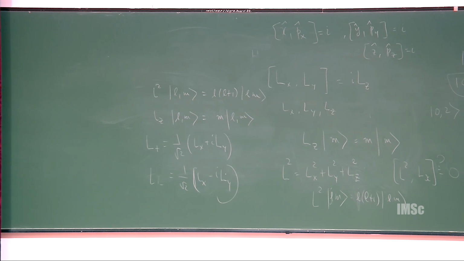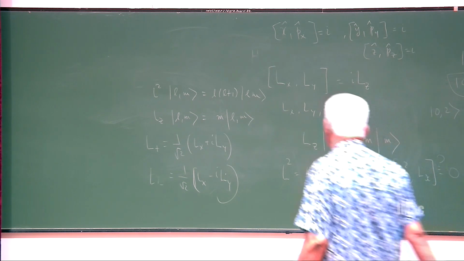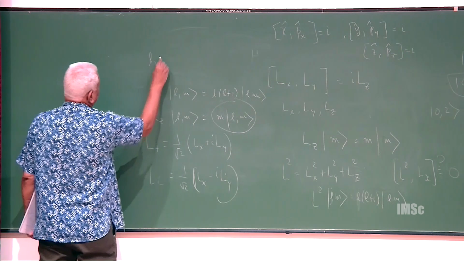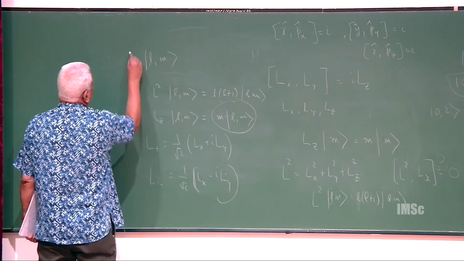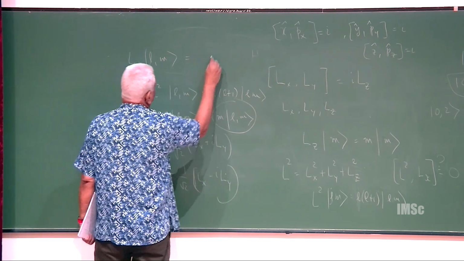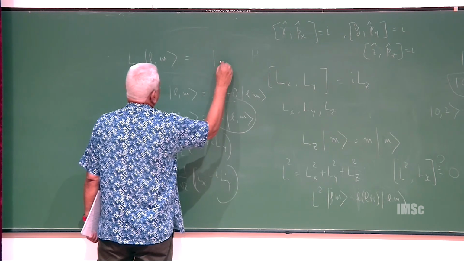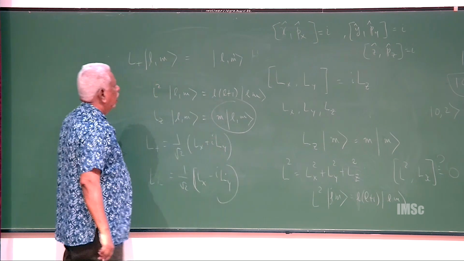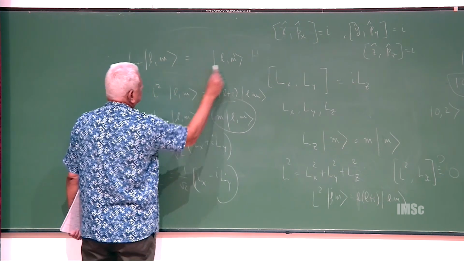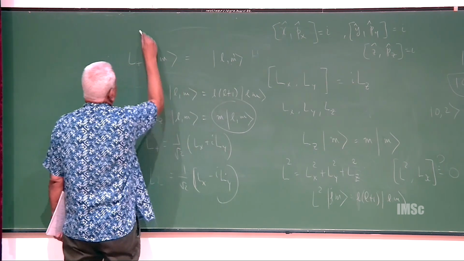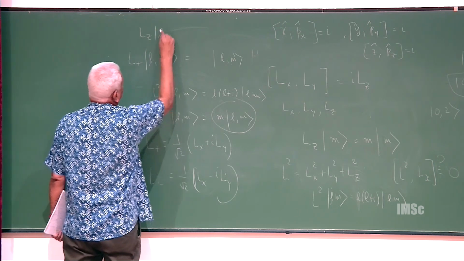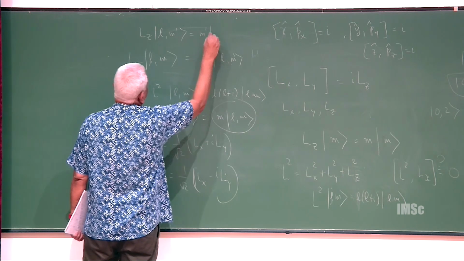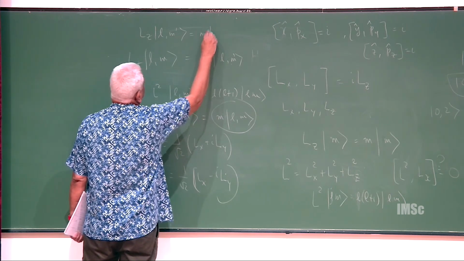Like that, if you start with an m state here, if you start with |l, m> and L plus acting on that will give a new state, let me call it |l, m'>, but the eigenvalue of this state, Lz acting on |l, m'> will be m' equals m plus 1.